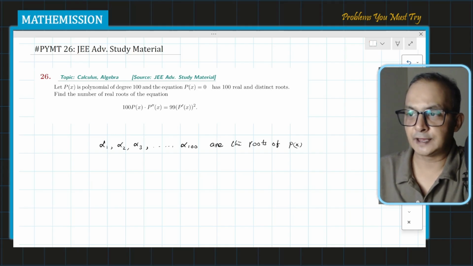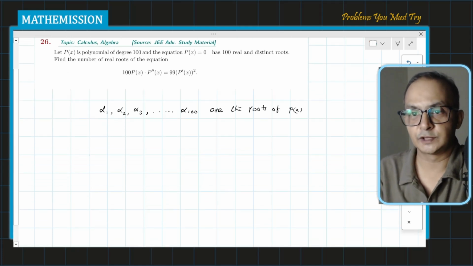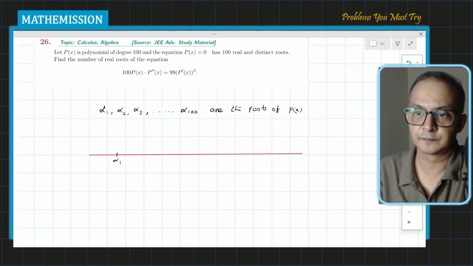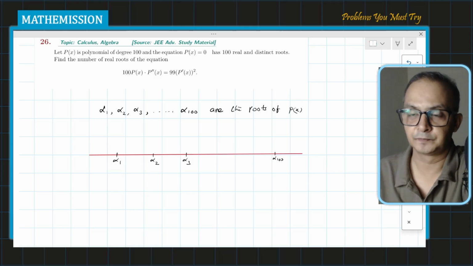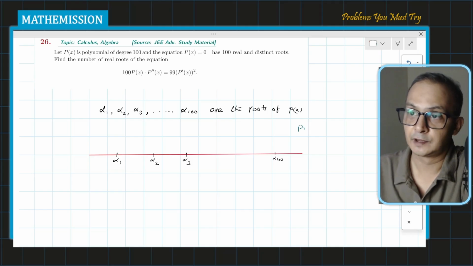So if p(x) has these many roots, suppose these roots are lying over this line like this, and let's say alpha 1 is here, alpha 2 is here, alpha 3 is here, and up to alpha 100 is here. Degree of this p(x) is 100.